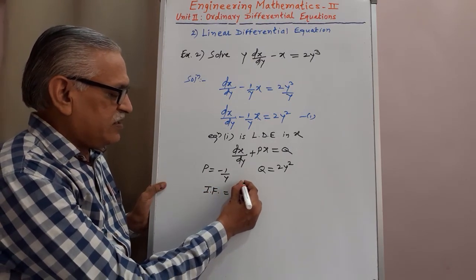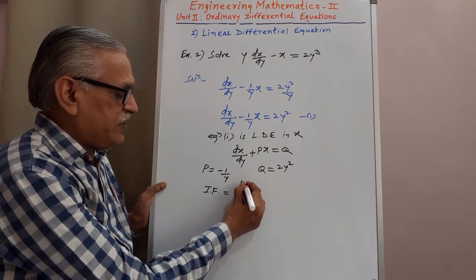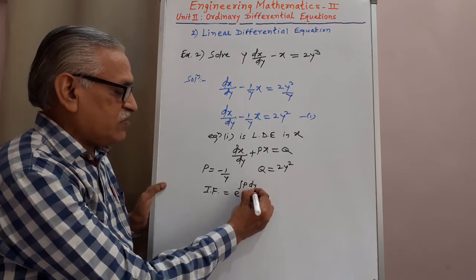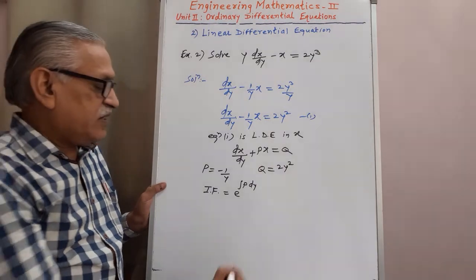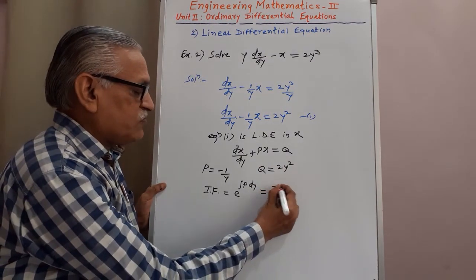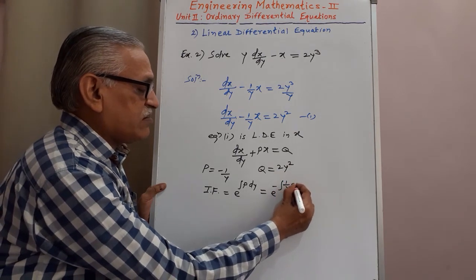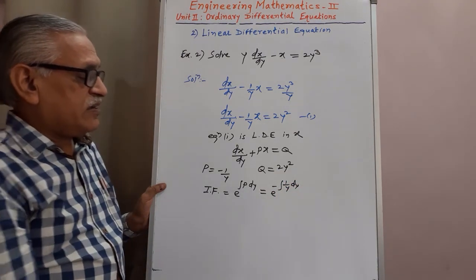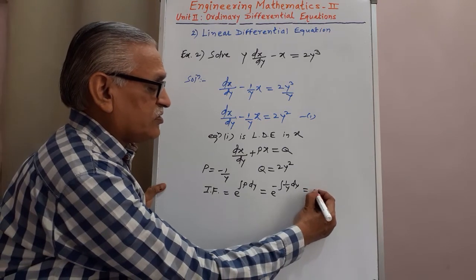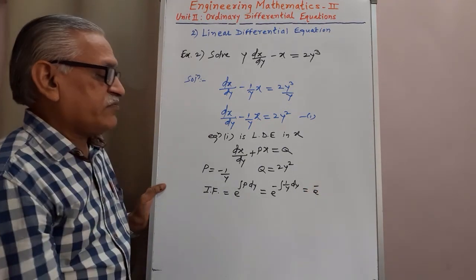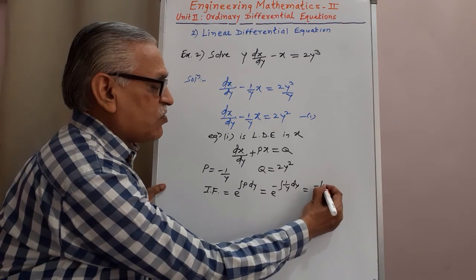It is given by e raised to the integration of P with respect to the independent variable y, and therefore it is e raised to minus integration of 1 by y dy, which equals e raised to minus log y.